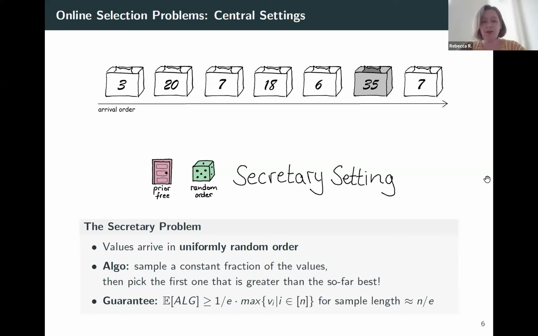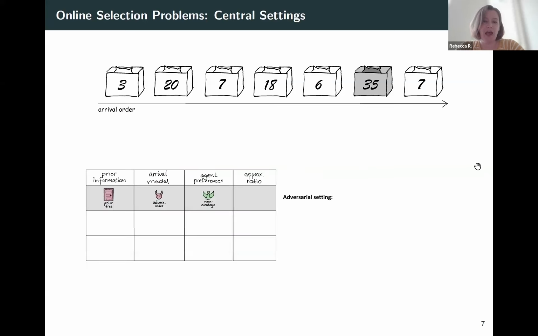So also here, by just doing this one extra assumption, you're getting from pretty bad approximations, say 1 over n, to a small constant. And we're going to look at both of these settings, but adding in our interdependence between the buyers.